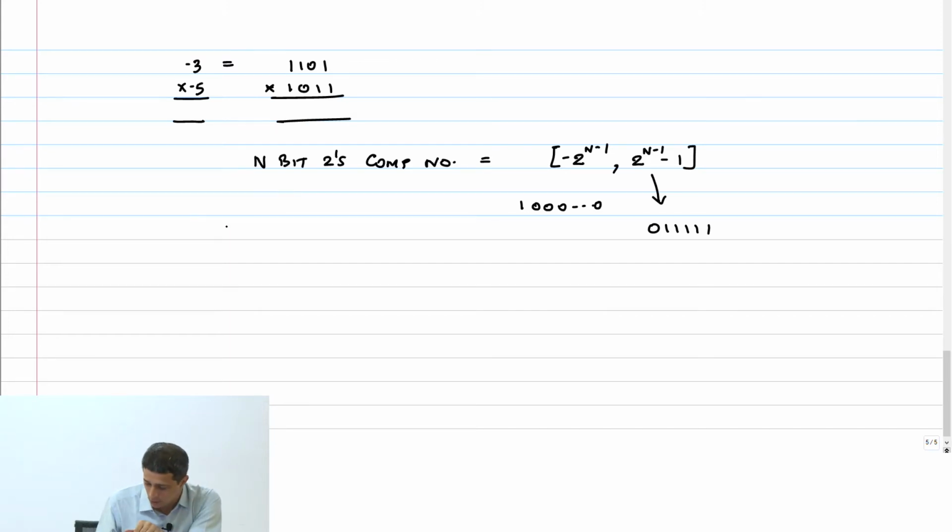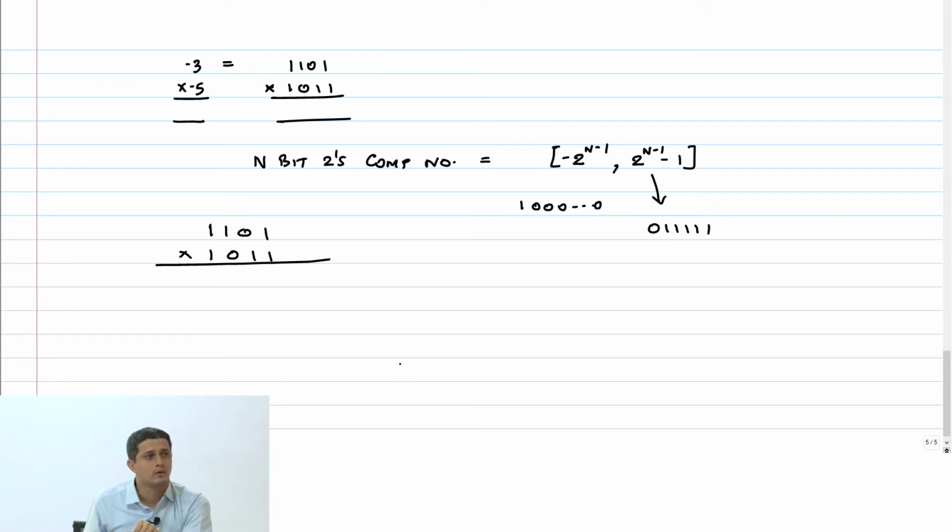So let's go ahead and do this multiplication and see. We do it as we did earlier. The first partial product will be 1, 1, 0, 1. The second partial product will be shifted again, but the same number, 1, 0, 1, 1.